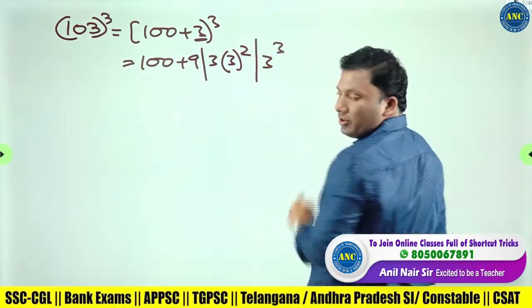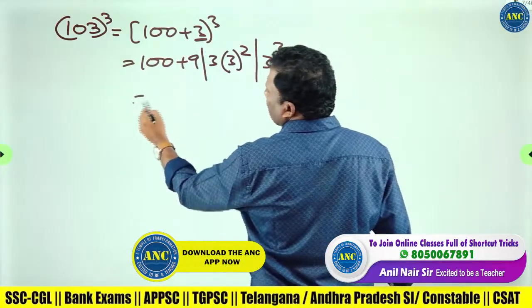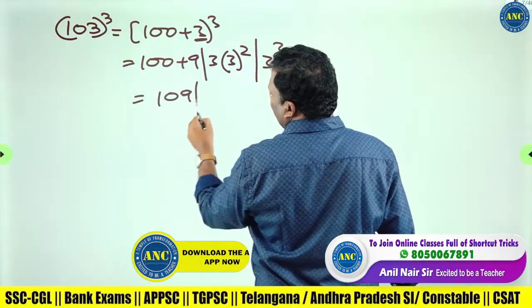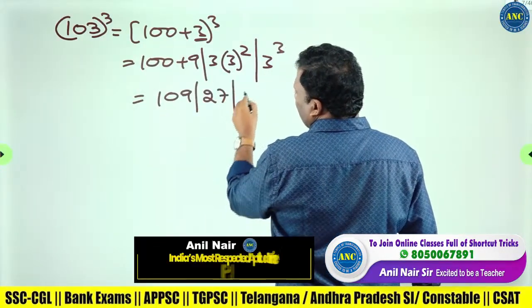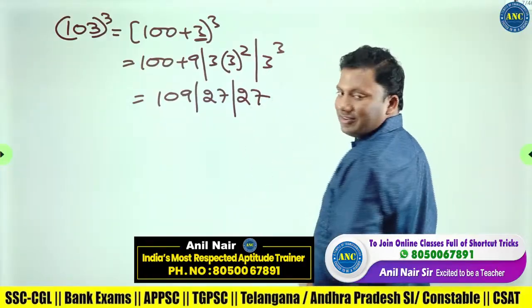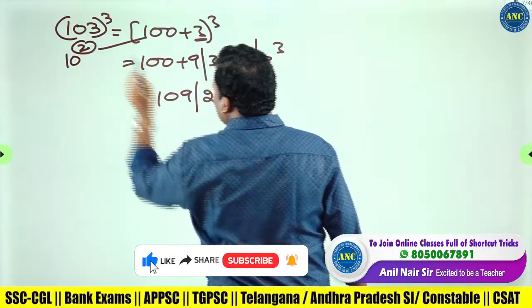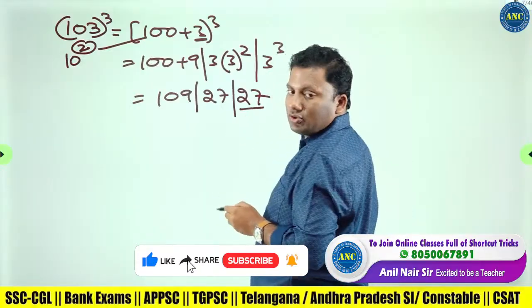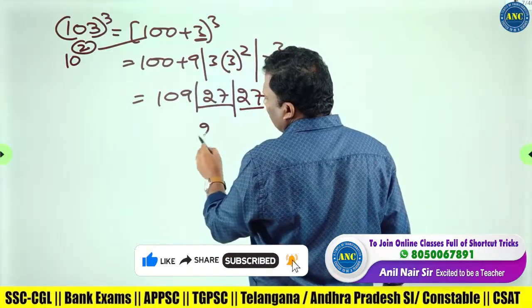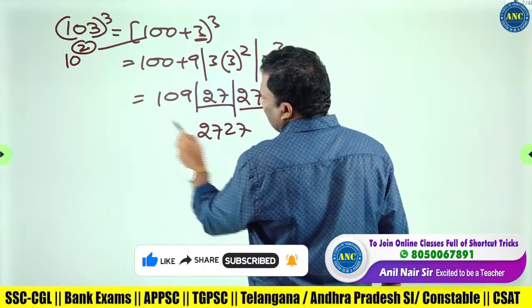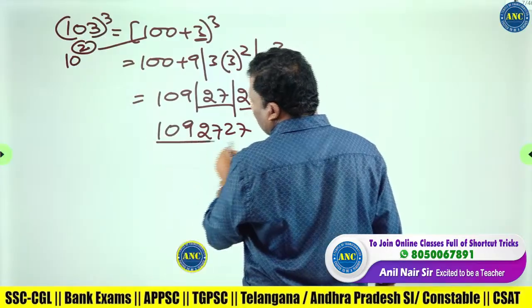Next is 3 cube. 100 plus 9 is 109. 9 3s are 27. 3 cube is also 27. 100 is 10 square. Last two places 2 digits. 27 is 2 digit. 27 is also 2 digit. So answer is 1092727.